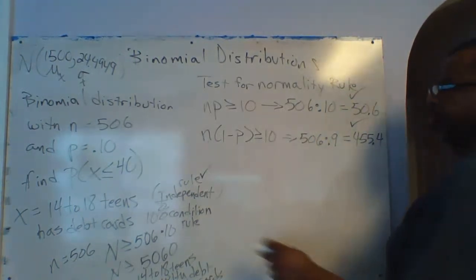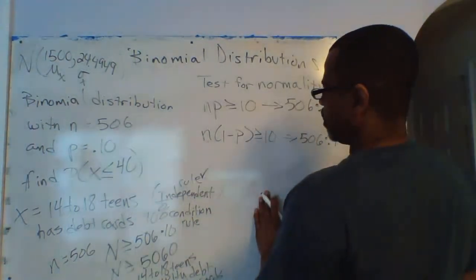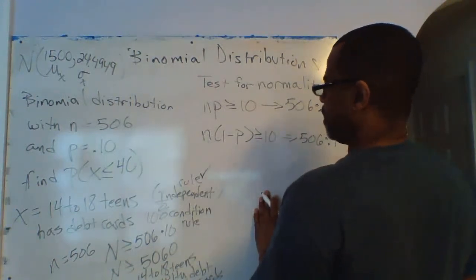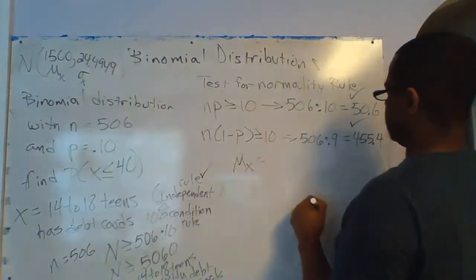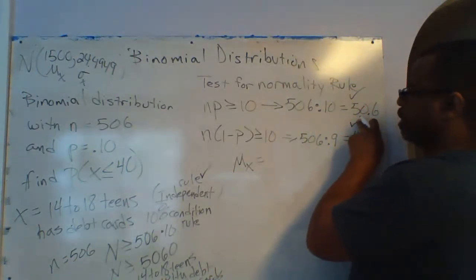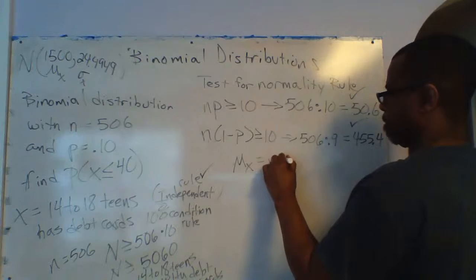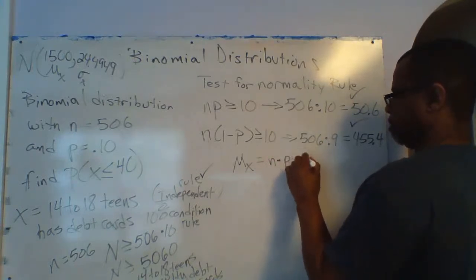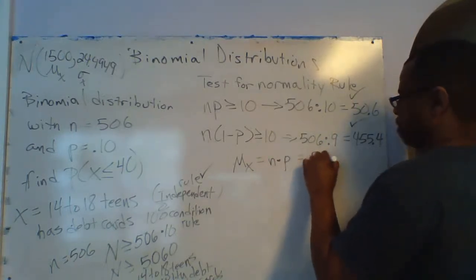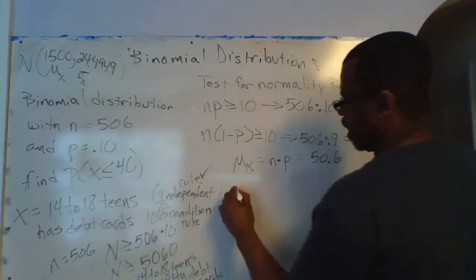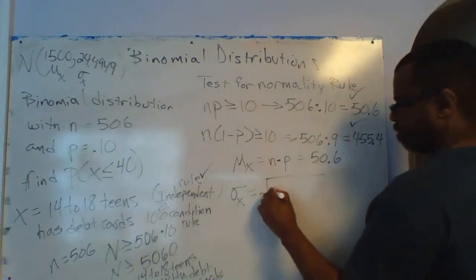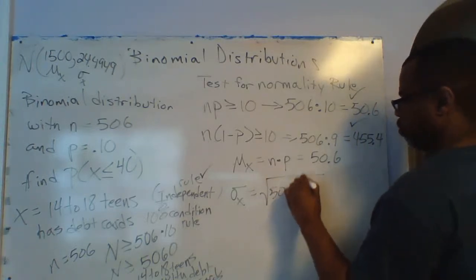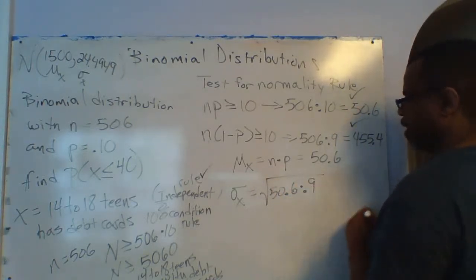Now that means we can find the mean and the standard deviation. So the mean for this is just going to be n times p. All right, so now the standard deviation for this is the square root of 50.6 times 0.9.